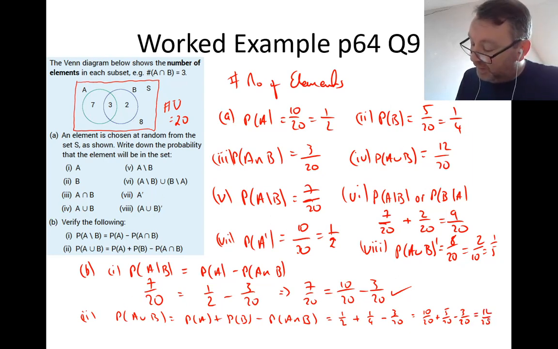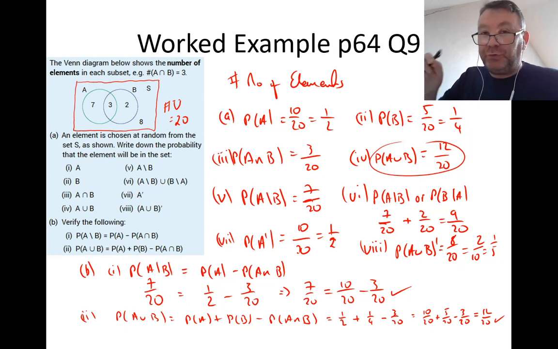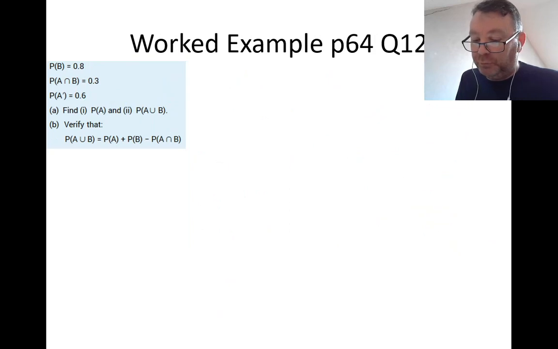That's 6 over 10, isn't it? 12 over 20. Well, just check. What is the probability of A union B? Go back up here. The probability of A union B is 12 over 20, which is exactly the same thing as I got down there. So they're quite easy to do once you understand the universal set and you understand that for probability within the universal set, everything adds up to 1.